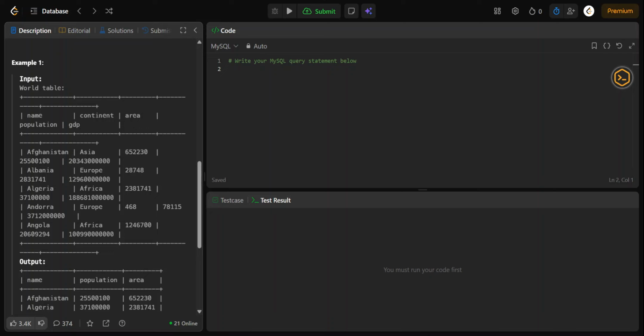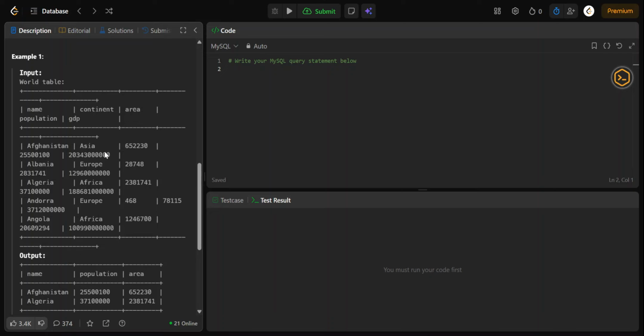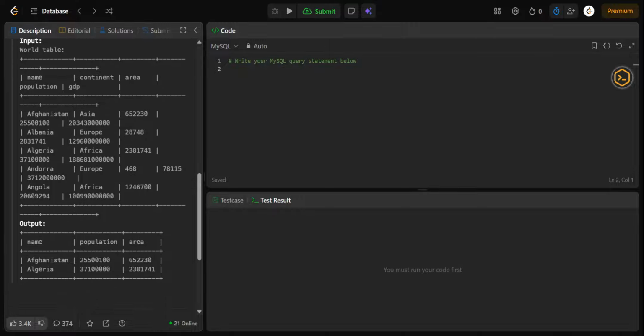In this example, the first country has an area of 652,230 square kilometers, and its population is 25 million, which is greater than or equal to 25 million. So the condition is true, and we will include Afghanistan in our final output. Now let's move on to the next one, which is Albania.